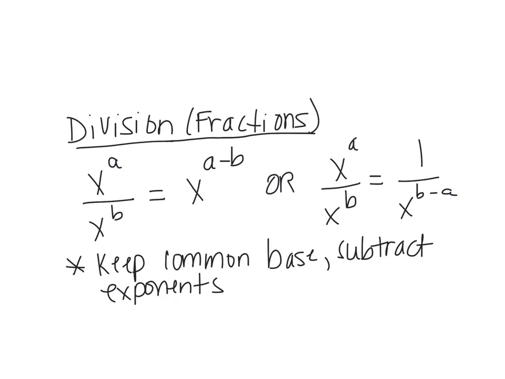The other form of this, x to the a over x to the b, if we decide to start the subtraction from down here in the bottom, we would do b minus a. So because you start the subtraction in the bottom, the variable goes in the bottom, and we put a 1 up top. So we are still going to keep the common base, but subtract the exponents when we are talking about fractions.